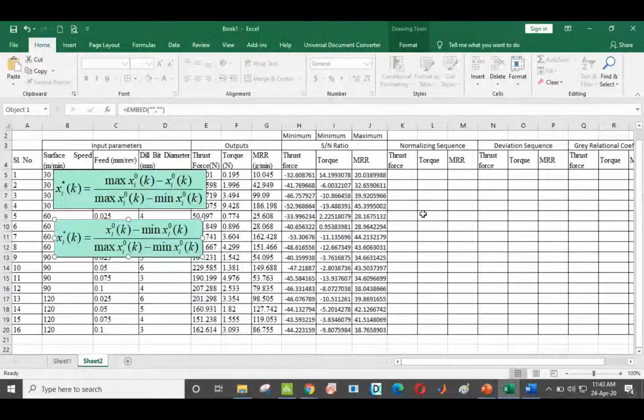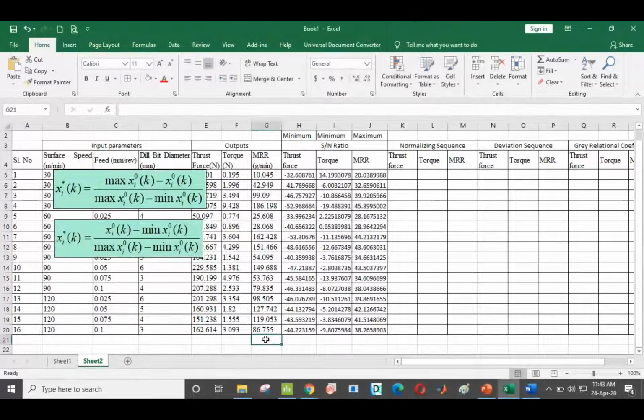So the initial step in normalizing sequence is to convert all the data values in between zero to 1. So for this, the initial step is to determine the maximum and minimum value.